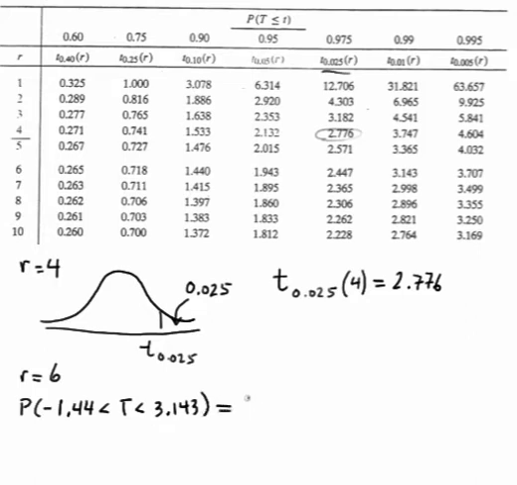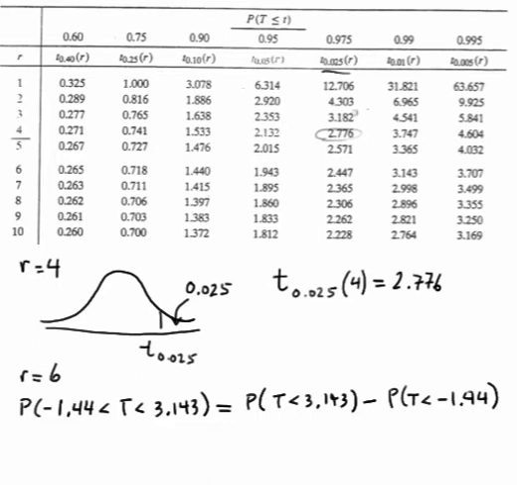Well, that equals the probability that t is less than 3.143 minus the probability that t is less than negative 1.44. Okay, so now those are cumulative probabilities, so we theoretically should be able to find the probabilities using the t-table.